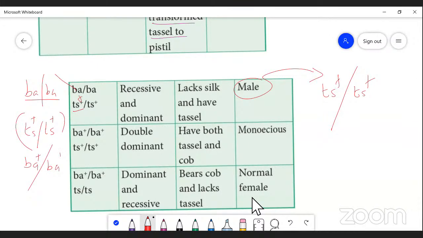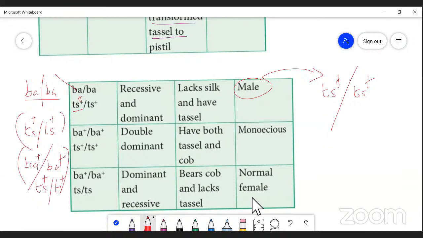What is ba plus? It is an allele for a bearing plant, right? That determines femaleness. So ba plus indicates the dominant allele, and both ts alleles are dominant for maleness, and the femaleness as well, right? So both allele forms are dominant.